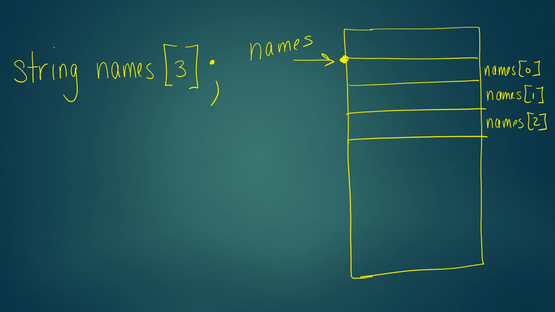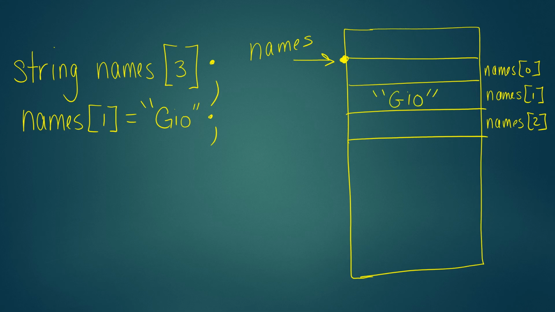If I wanted to assign a name, I could go to names at index 1 equals geo, and this is index 0, index 1, so then geo would be here.